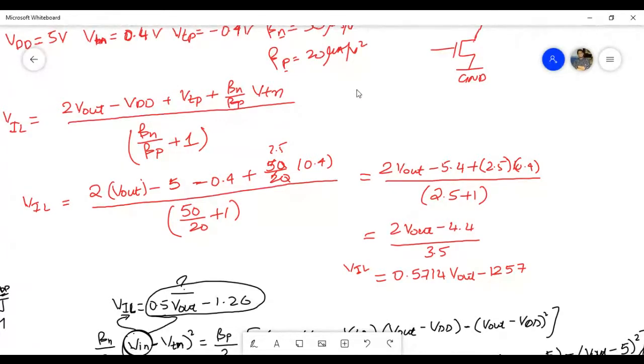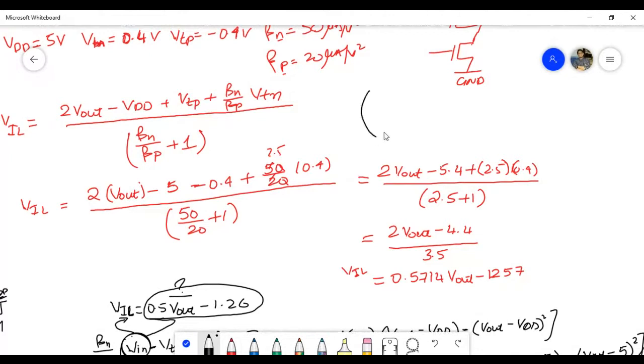So it is VDD plus VTP plus beta n by beta p into 2 V out plus VTN, over beta n by beta p plus 1. This is the same; the only difference is that beta n is multiplying with this, so V out is here, that's it. Understood?